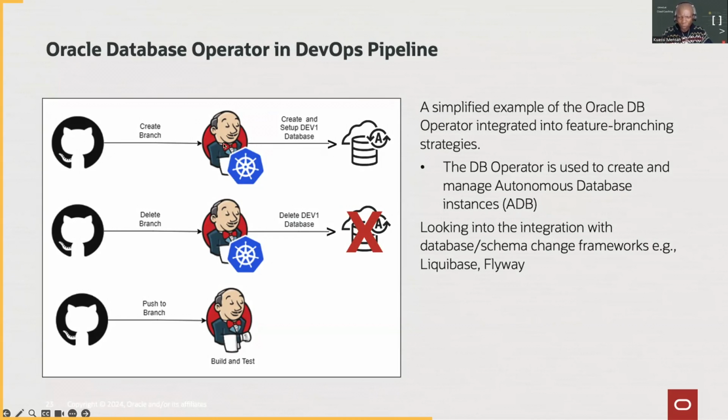We don't need to manually issue kubectl commands. Mr. Jenkins will do that for us. Similarly, I want to delete a branch. Mr. Jenkins will generate a YAML file, which will be executed to delete the database. And then you can push your branch, for build and test and things like that. Okay, so that's a very simplistic representation of how you can incorporate the operator into your CI/CD pipeline.